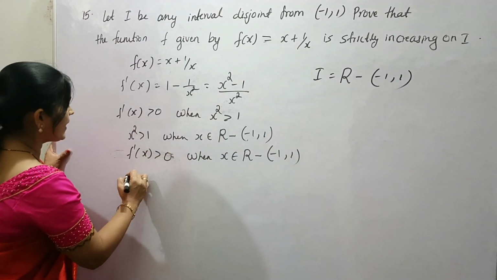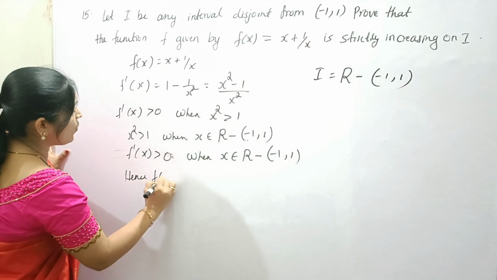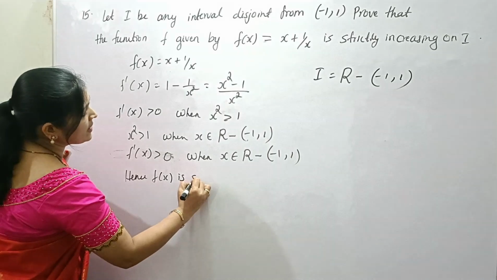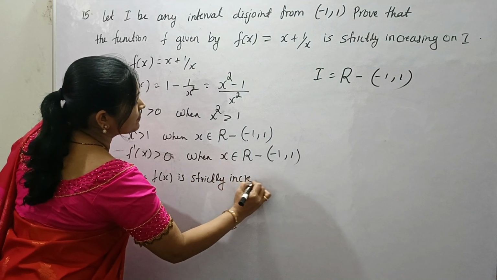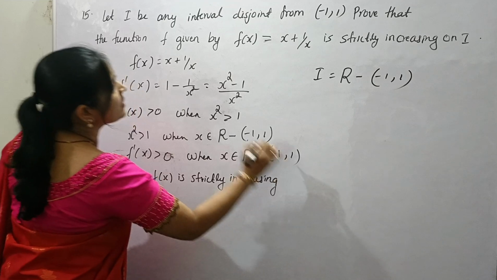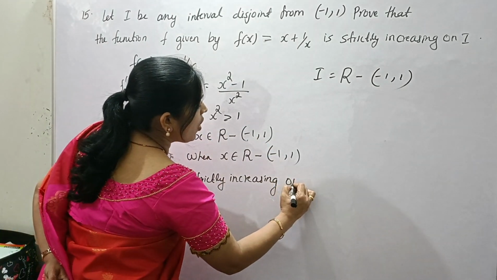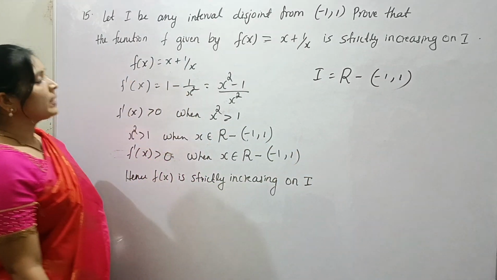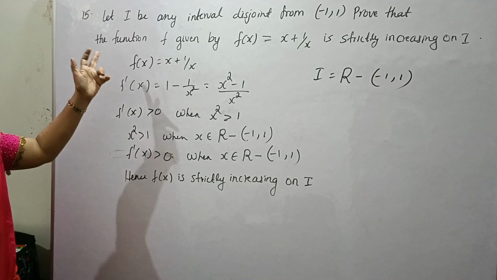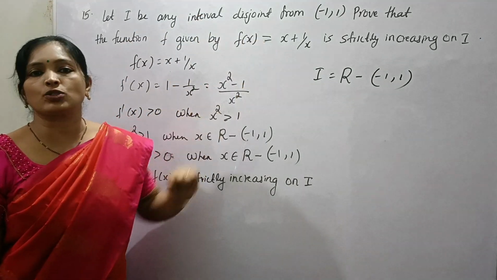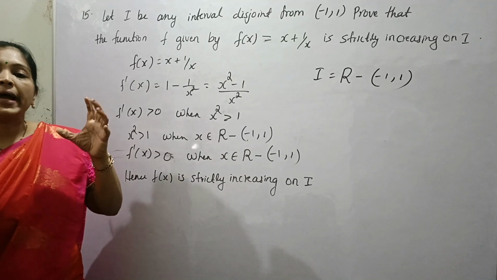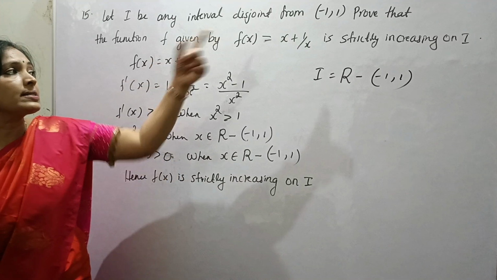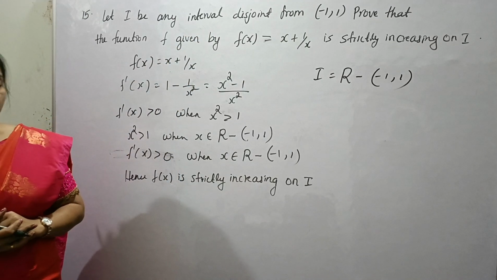Hence, f of x is strictly increasing on I. What is I? I is nothing but disjoint from -1 to 1, which means that interval does not contain the interval -1 to 1.